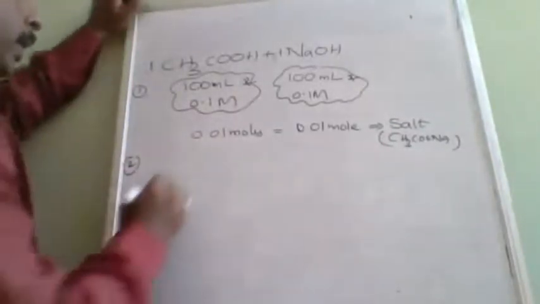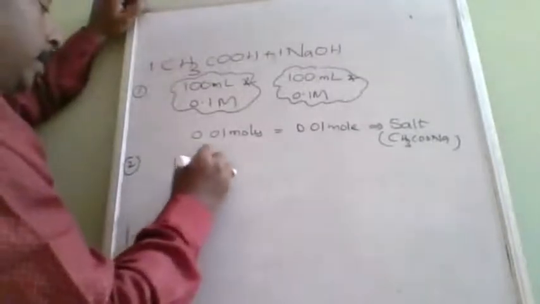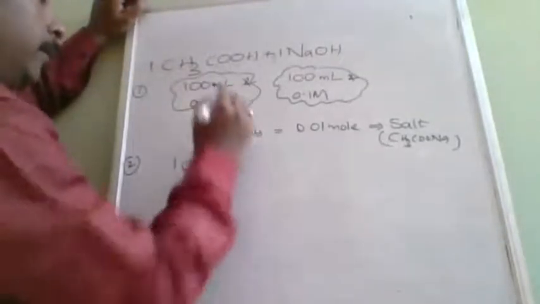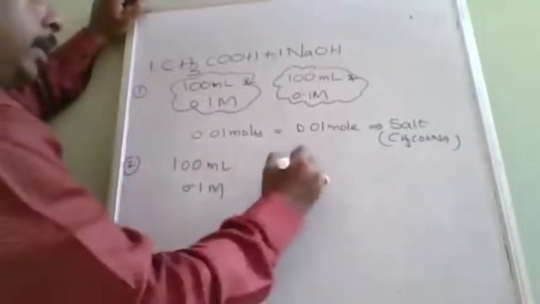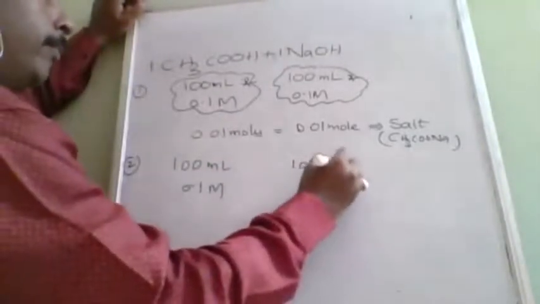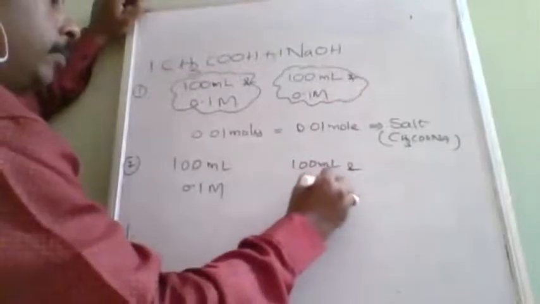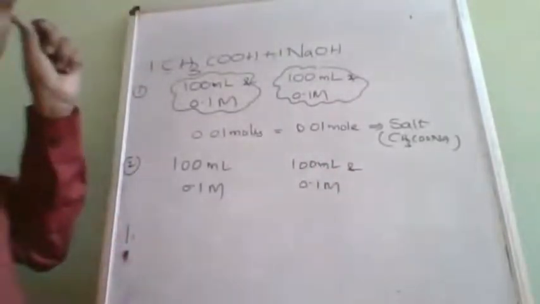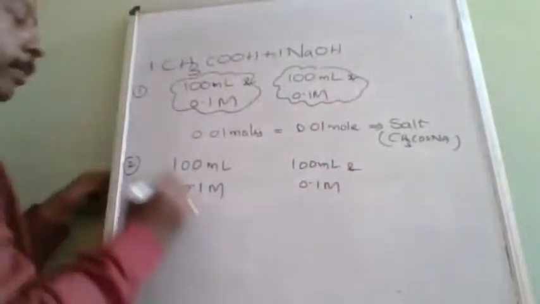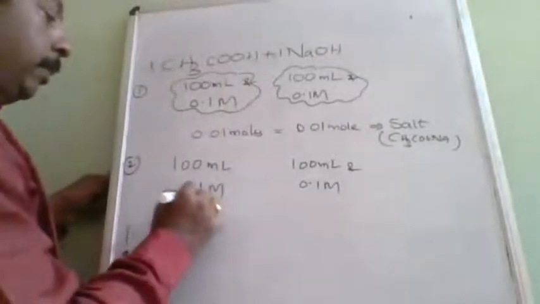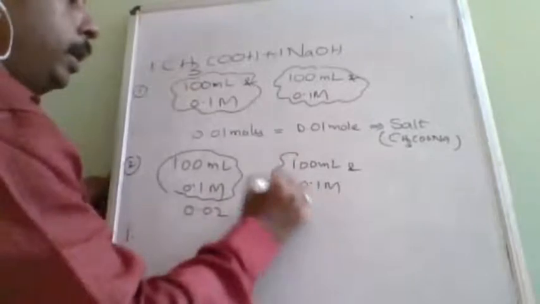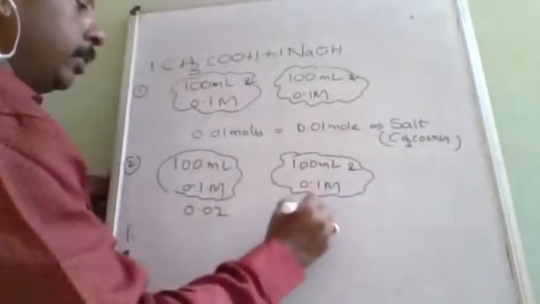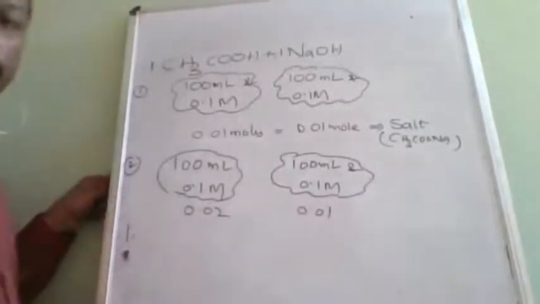Now I am taking another example: 100 ml of acid with 0.1 molarity, and 100 ml of base with 0.1 molarity. Let me check. On multiplication, like the previous condition, the acid is 0.02 and the base is 0.01.